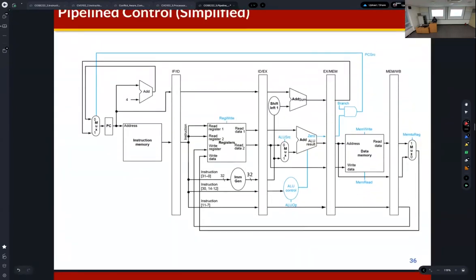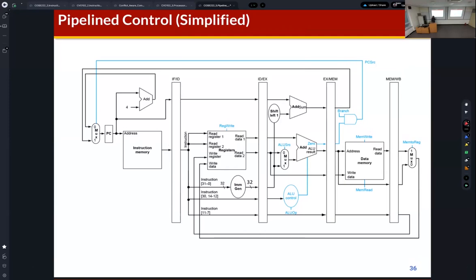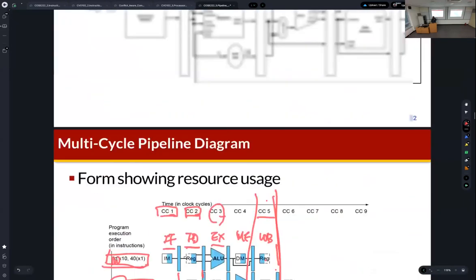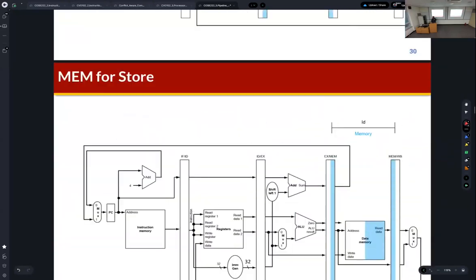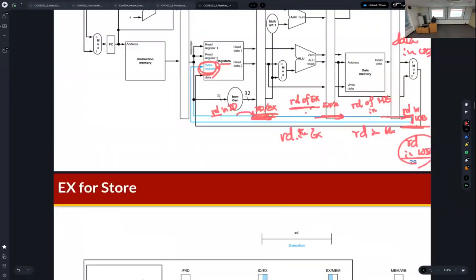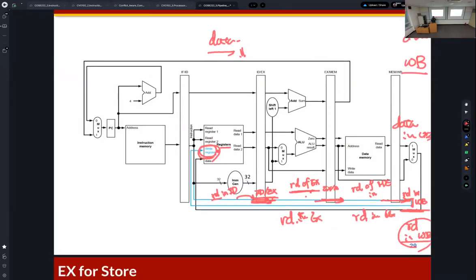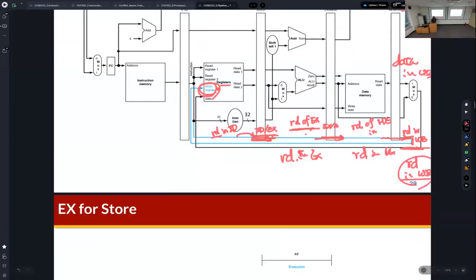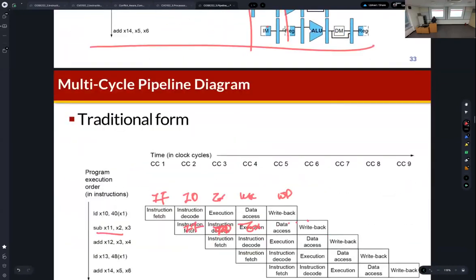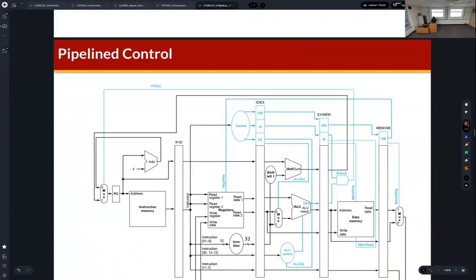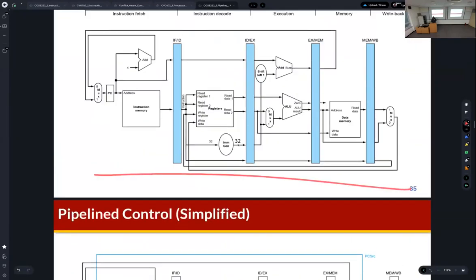Then, as I mentioned, we also need to consider the control signals. When we design the pipeline processor, we first focus on how to connect the data path elements, right? Then we need to design the control unit.